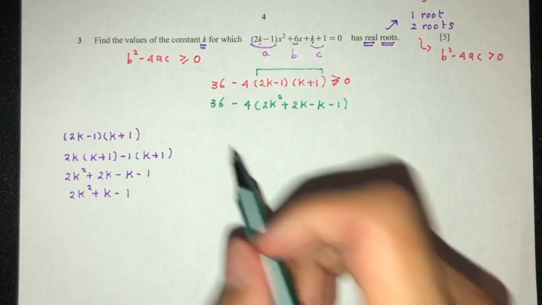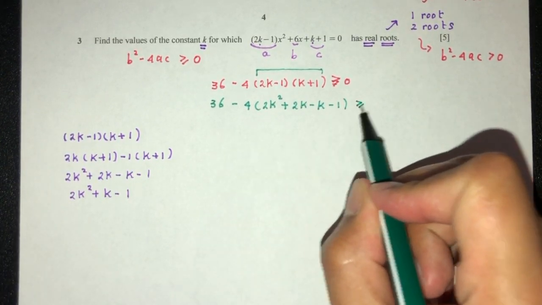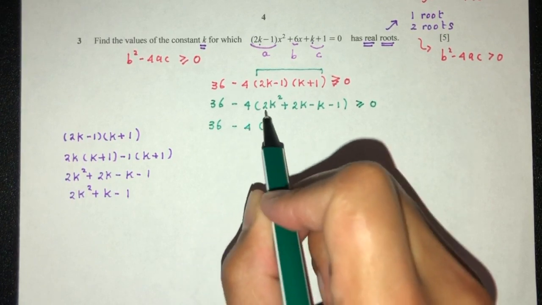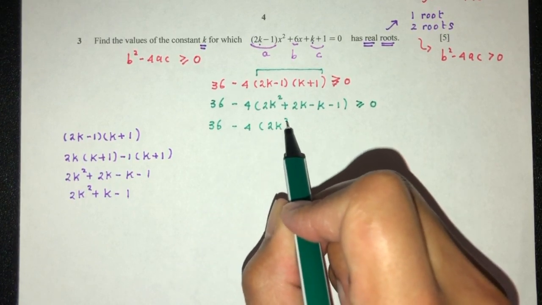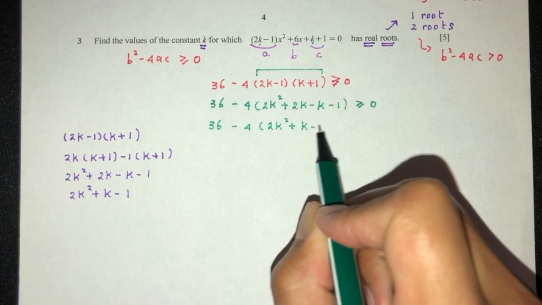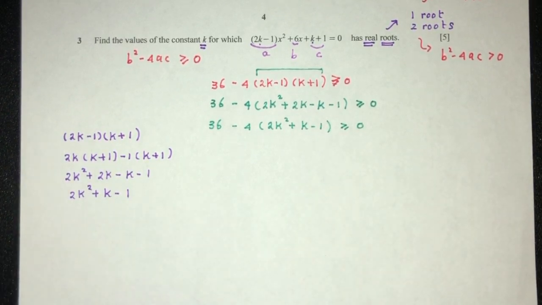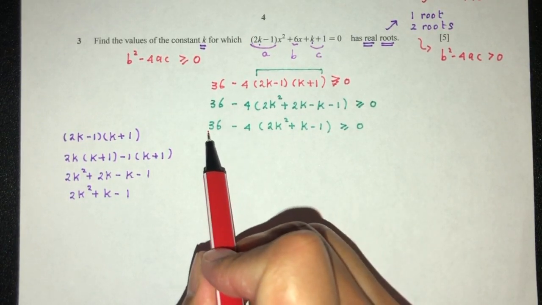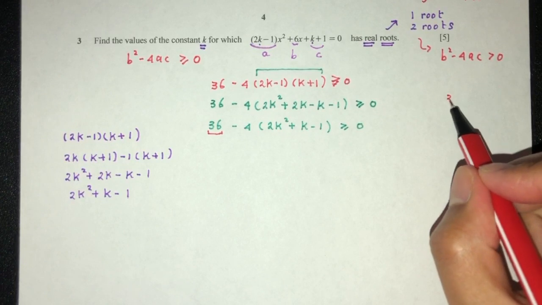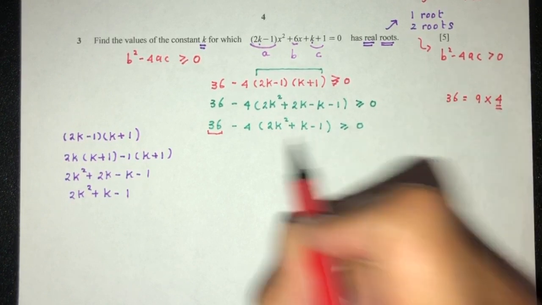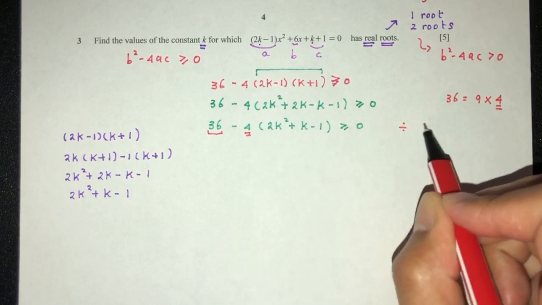So simplify. We have to always write this: 36 minus 4 times 2k squared plus k minus 1 has to be more or equal to 0. Something we realize here is we can simplify this equation, because we have 36, and we know that 36 is 9 times 4, and here we have 4, so we can divide by 4 everywhere.